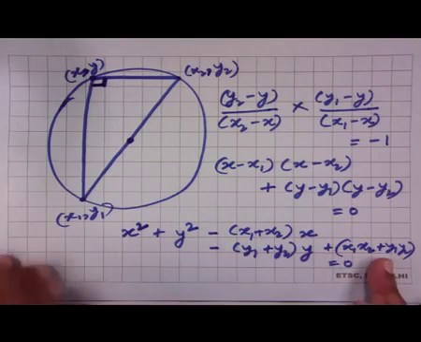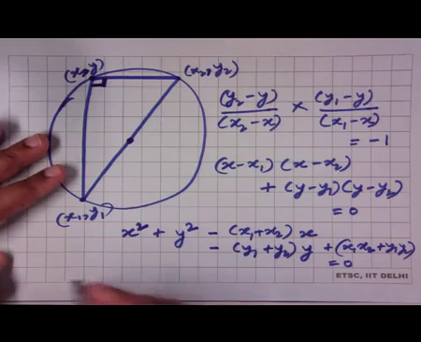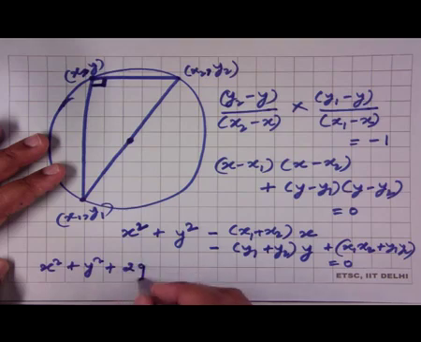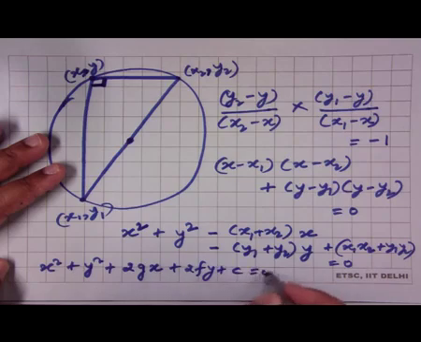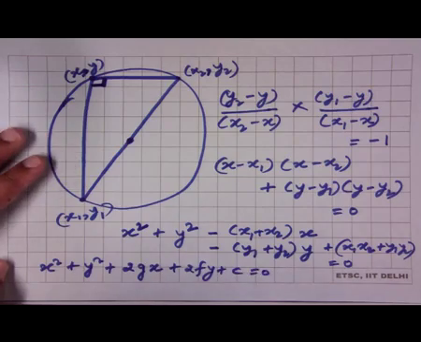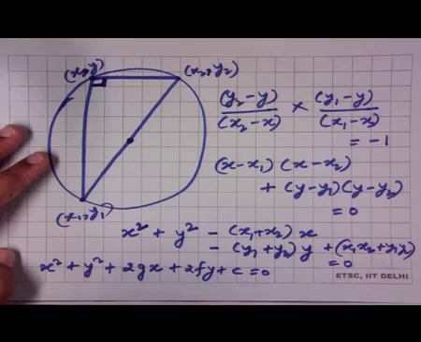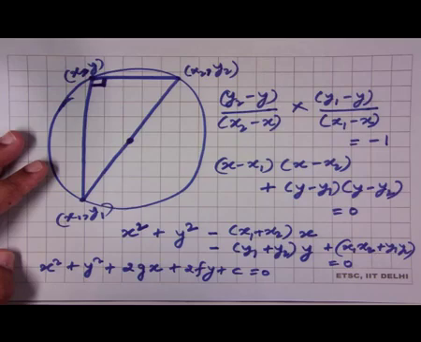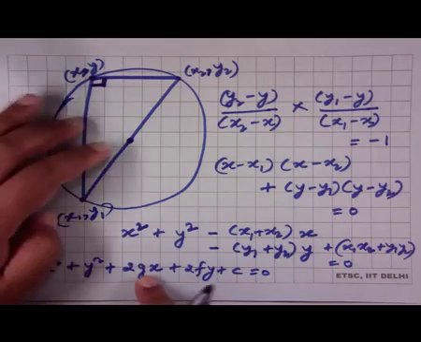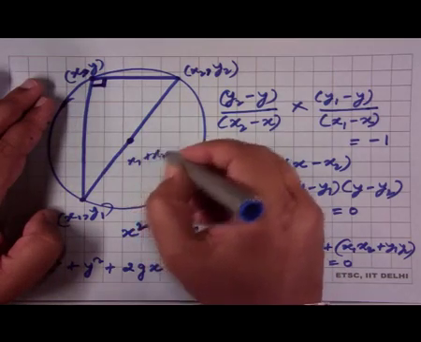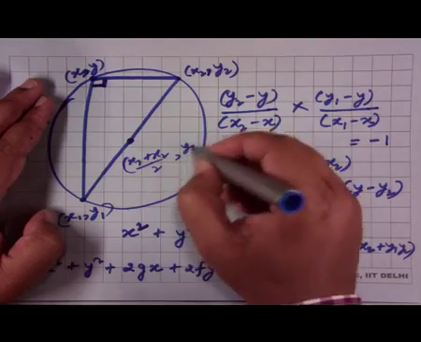And this is exactly in the general form of a circle, which was x square plus y square plus 2gx plus 2fy plus c equals 0. By looking at it, we can also find the coordinates of the center and the radius of the circle.